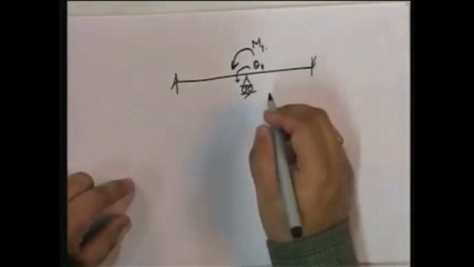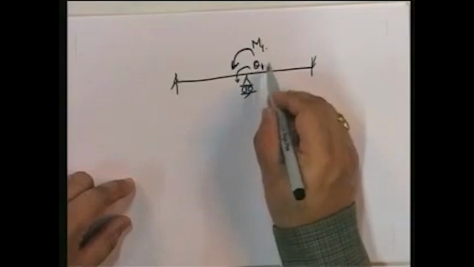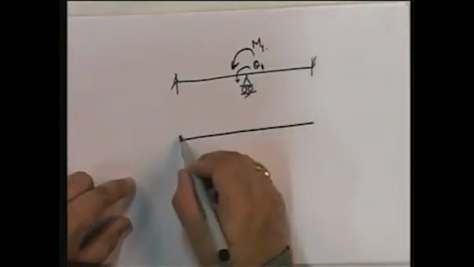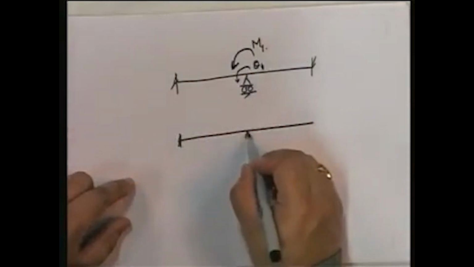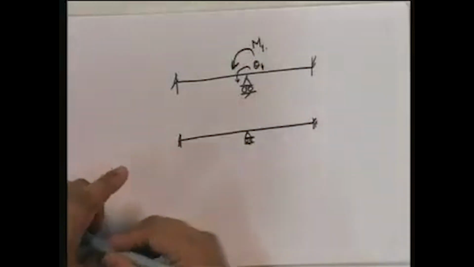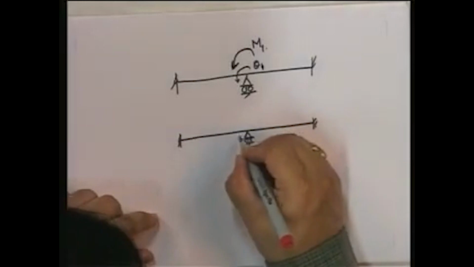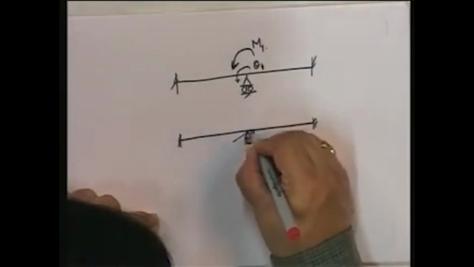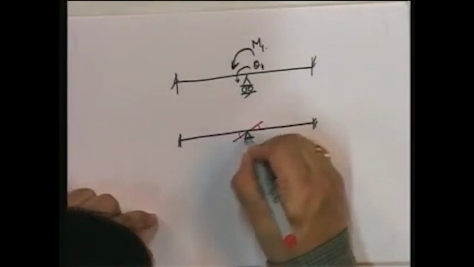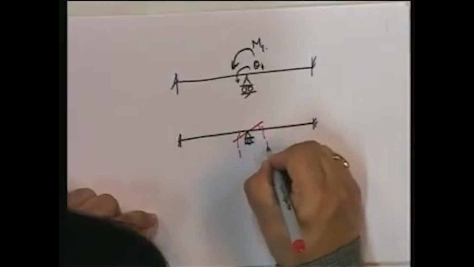So what are the steps? The first step, give theta 1 equal to 1. What will happen? Think about it. Theta 1 equal to 1 implies that at this point, the joint rotates by 1.